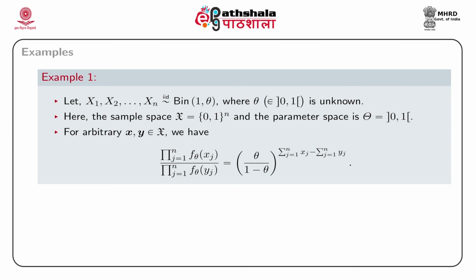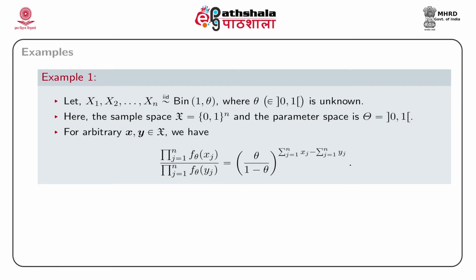This equals product over i from 1 to n p to the power x_i into (1 minus p) to the power 1 minus x_i, divided by product over i from 1 to n p to the power y_i into (1 minus p) to the power 1 minus y_i. This is just equal to (p over (1 minus p)) to the power summation x_i minus summation y_i. Let us write this as equation 1.